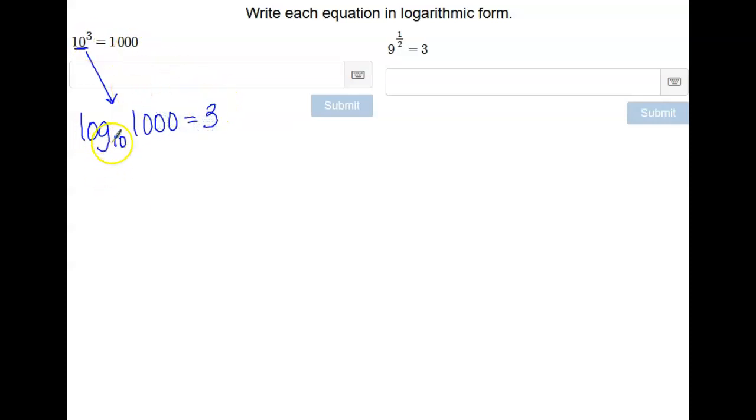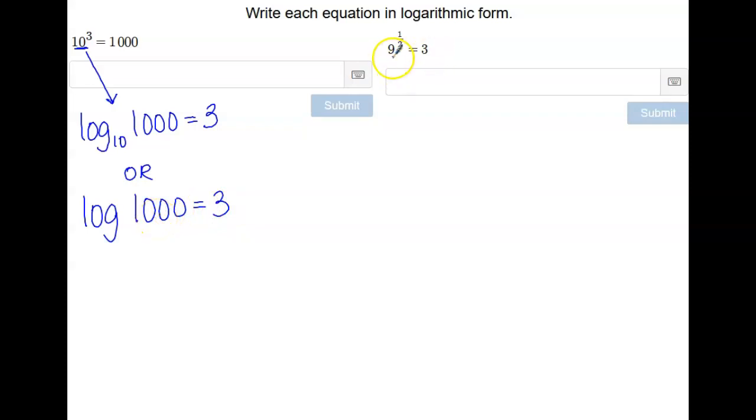So remember, anytime that you see log base 10, you can also rewrite this as log of 1,000 is equal to 3 because no number down here implies that it's a 10. And so all this is saying is 10 to the power of 3 is equal to 1,000.